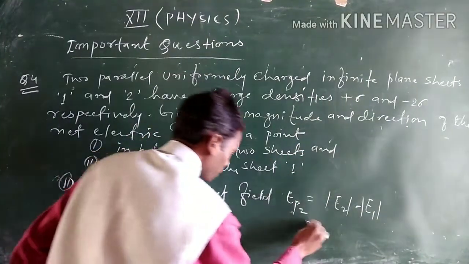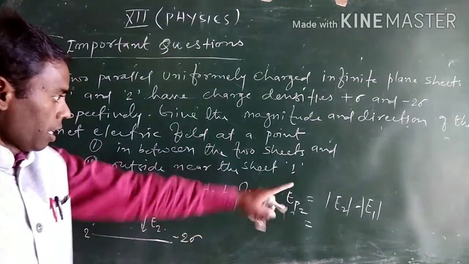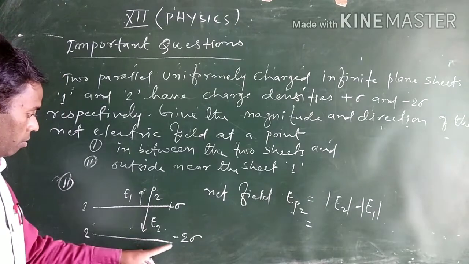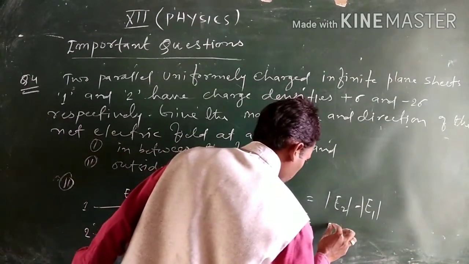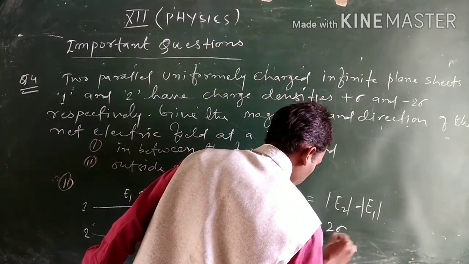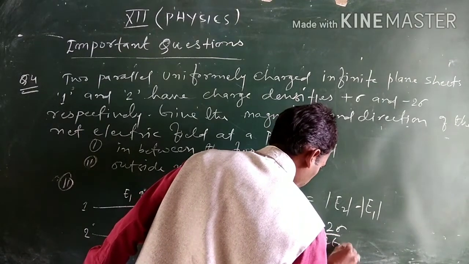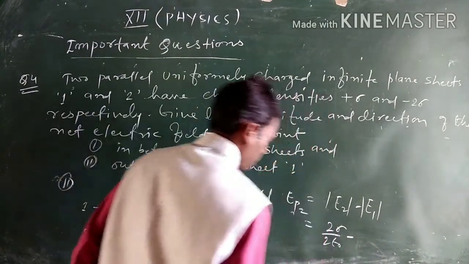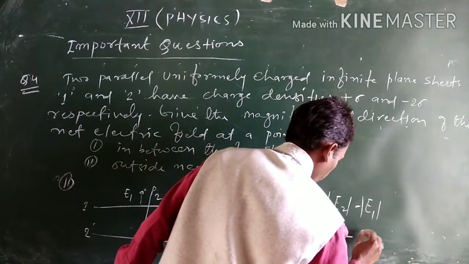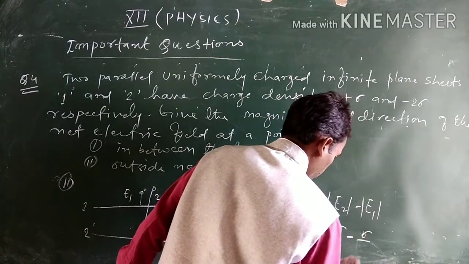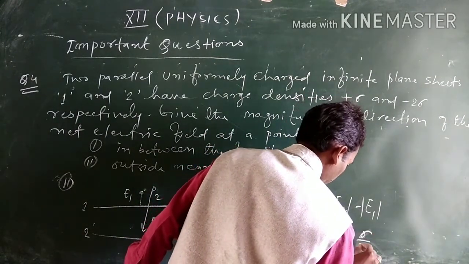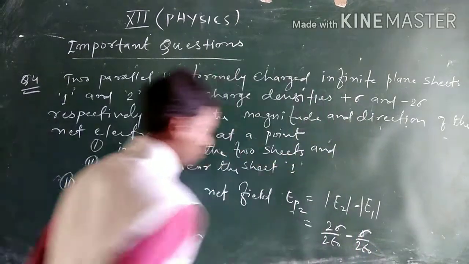Then the electric field due to this charge, that means 2 sigma divided by 2 epsilon naught, minus sigma divided by 2 epsilon naught, right?